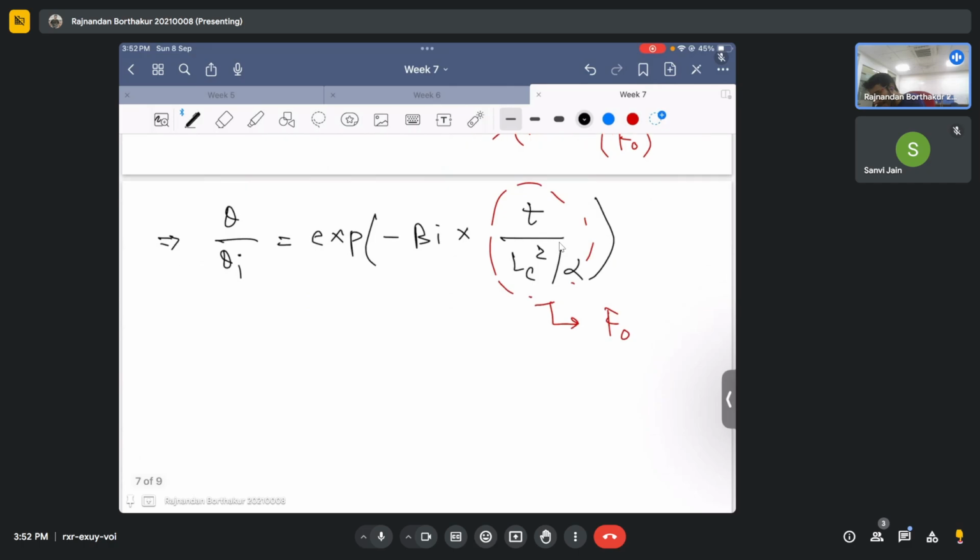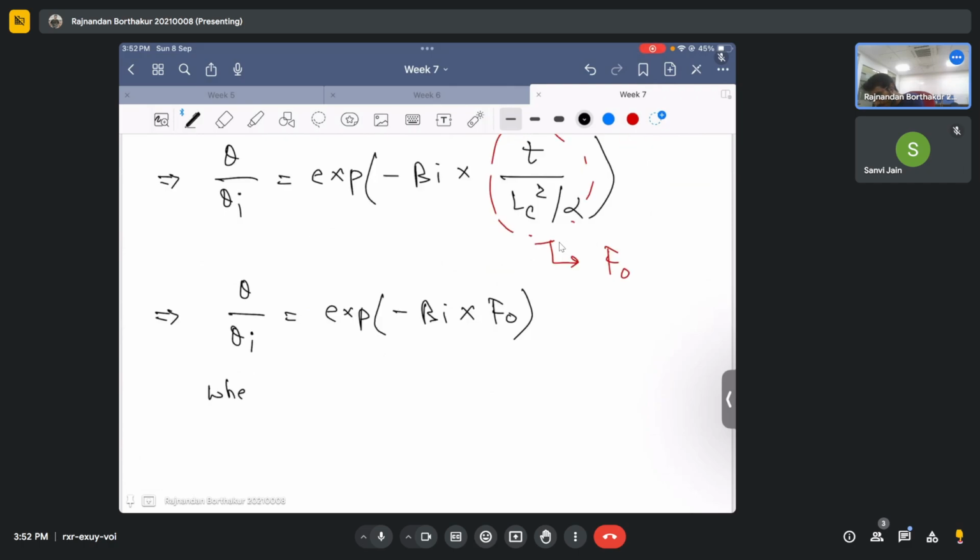So your entire expression of the lumped capacitance model can also be written as exponent of minus Biot number times the Fourier number, Fo, where your Fourier number is equal to alpha t by Lc squared.